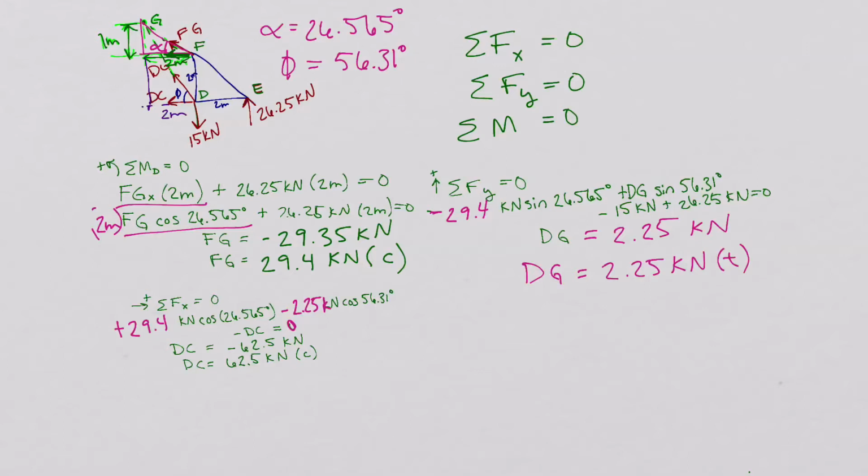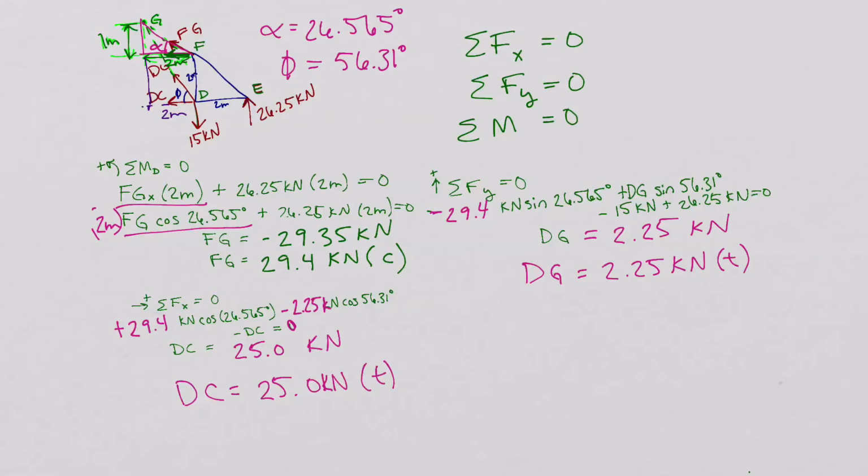So we calculate that through, and we end up getting a DC equal to 25.0 kilonewtons. So it's in the positive direction, so that tells us DC equals 25.0 kilonewtons, and it's in tension.